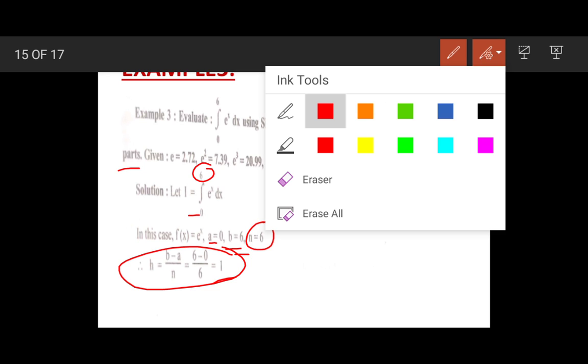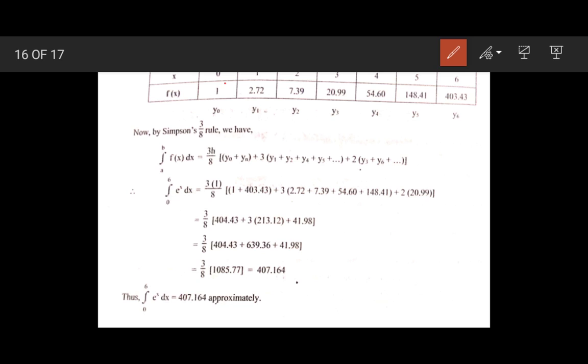Now we prepare the table. For the table, first we write the x values. We start from 0, and to that we add the h value, which is 1. So 1, 2, 3, 4, 5, and the last value will be b, which is 6. Now we will write the y.